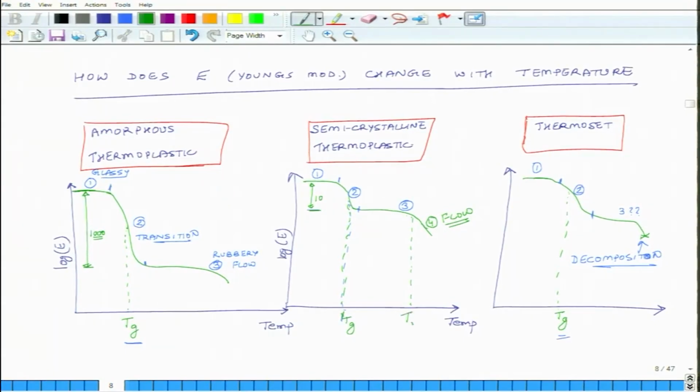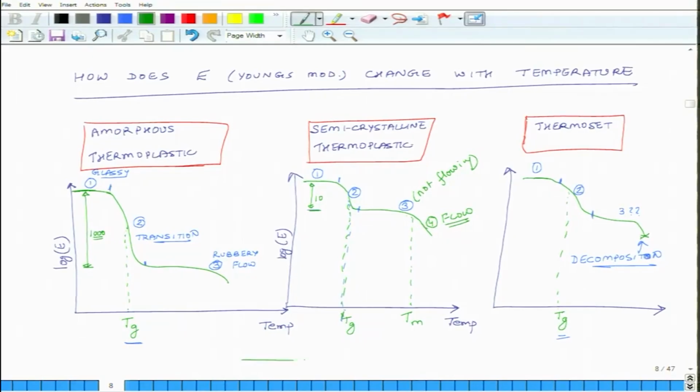So this is Tm. This is region 3, in region 3 it becomes rubbery, but it is still not flowing, but in the flow region it actually starts flowing, unlike in amorphous where region 3 still corresponds to rubbery flow, because amorphous materials do not have a sharp melting point.